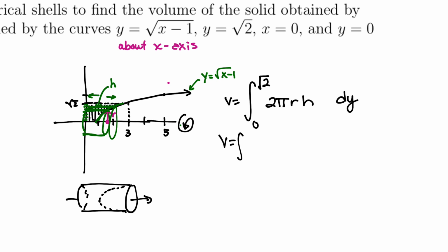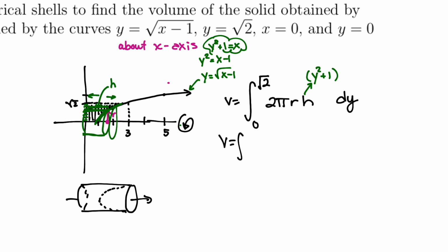And then my height is defined by that side equation, which is y equals square root, but we have to turn it in terms of y, so we got y squared plus 1. That's going to be my equation here, minus 0. So that's going to be my height. My height is just y squared plus 1.